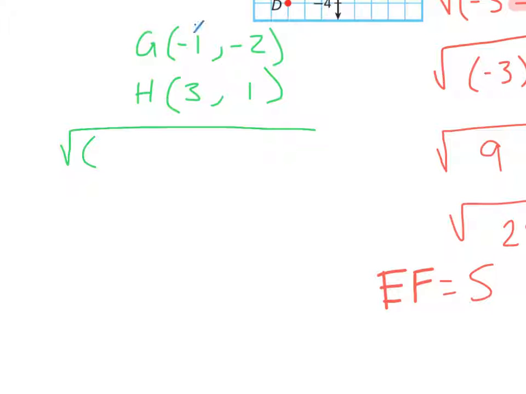Let's say that this is our x1, y1, x2, y2. So x2 is 3 minus x1, so negative 1, squared plus, that's parentheses.